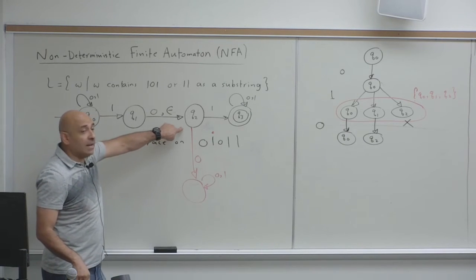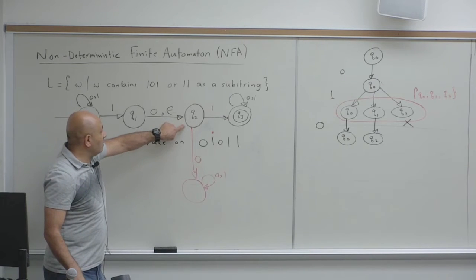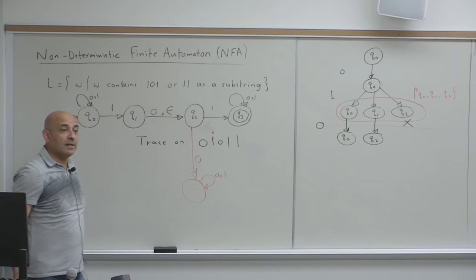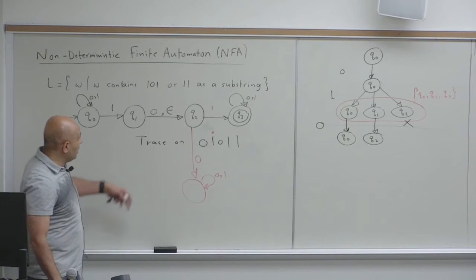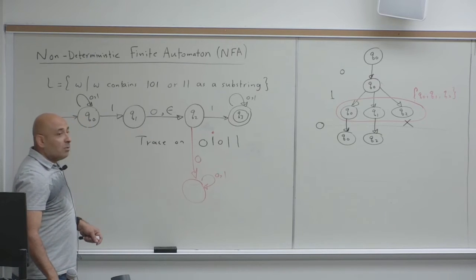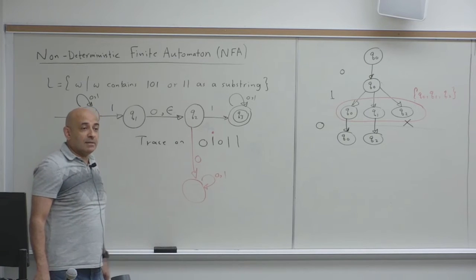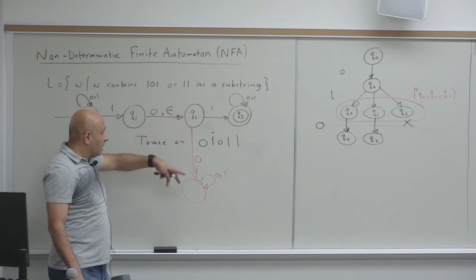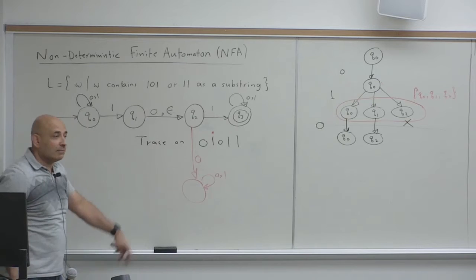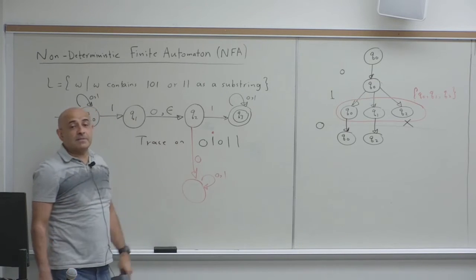It's like the NFA is not telling you where to go if you get a 0 here. You're saying, okay, NFA, where should I go if I get a 0? And it's not saying anything. Not saying anything is like saying go to hell, and go to a trap state.